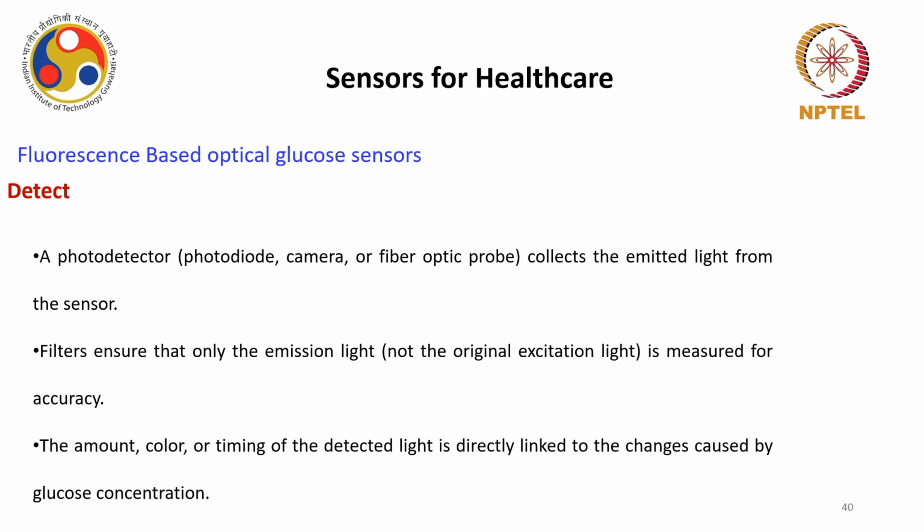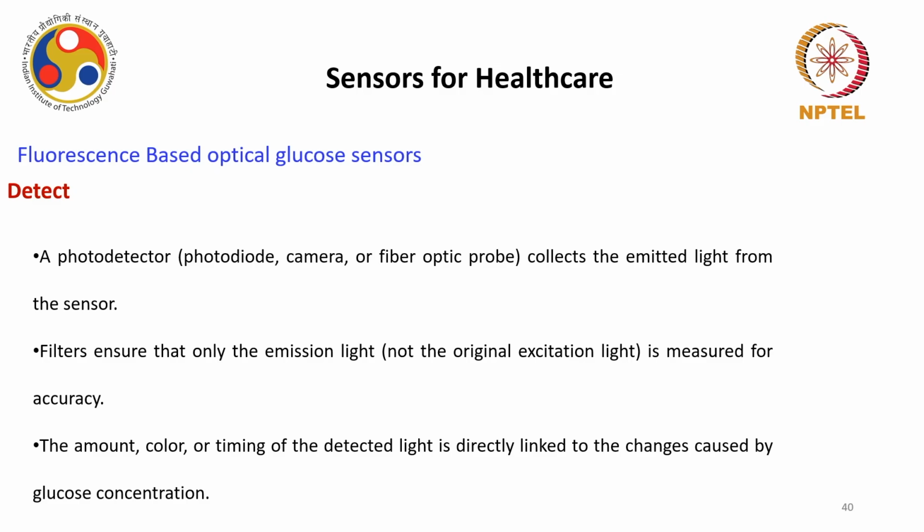The fourth stage is the detection stage, where a photodetector, which can be a camera or even an optical fiber probe, collects the emitted light from the sensor. Mostly we use filters to ensure that only the emitted light is measured, for accuracy.